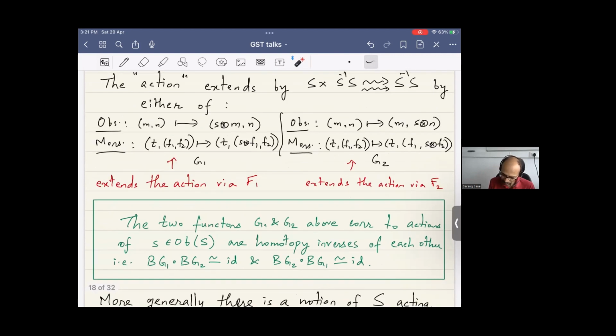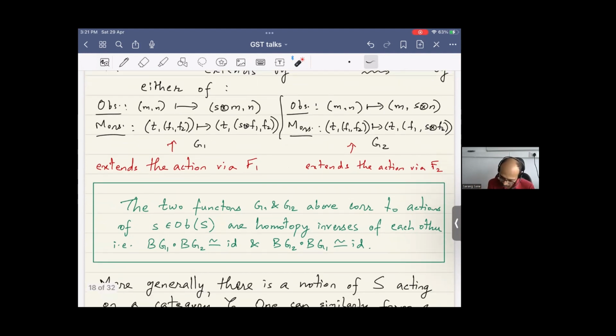So in this sense, it extends the action that little s has on capital S, but through the two different functors, F1 and F2. These two functors, G1 and G2, are like the action of little s.